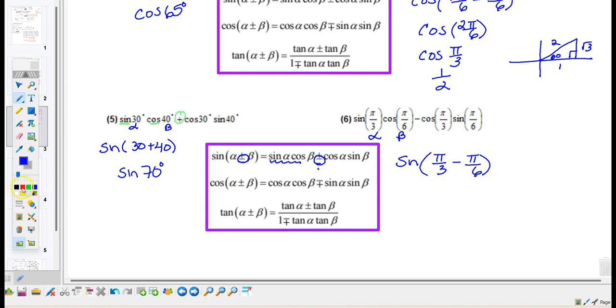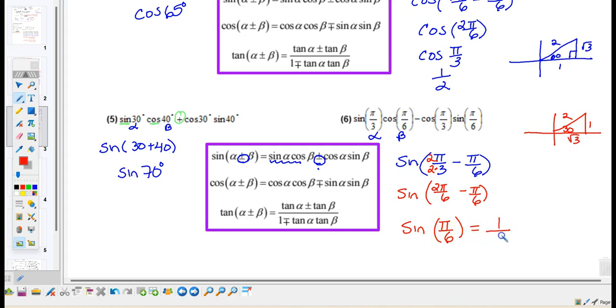Oh, I need a common denominator. I'm going to multiply this by 2 to make it 6. This is really 2 pi over 6 minus pi over 6, which is 1 pi over 6. And now we can go to our special 30-degree triangle. And sine is y over r.